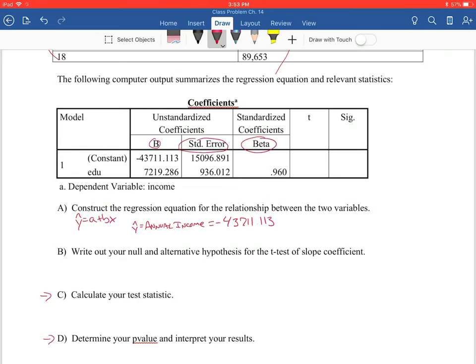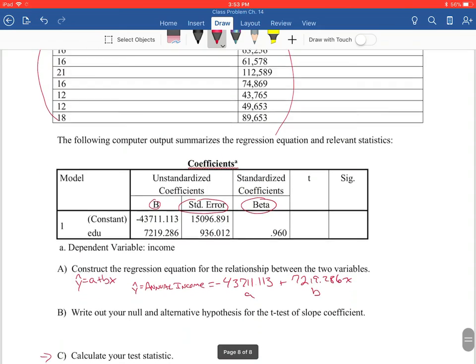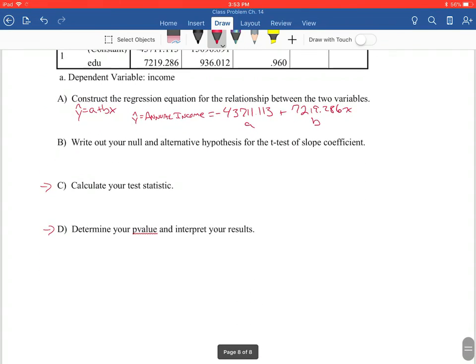So your annual income is going to equal negative 43,711.113 plus, that's your a value, plus your 7,219.286 x, and there's your b. So your equation would be this, and your x being, of course, education.